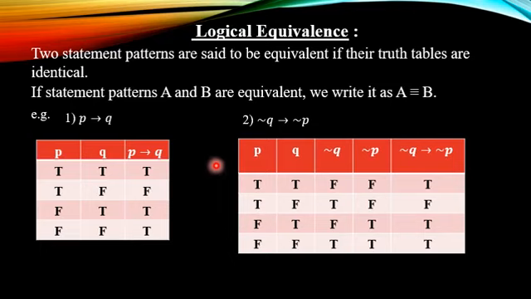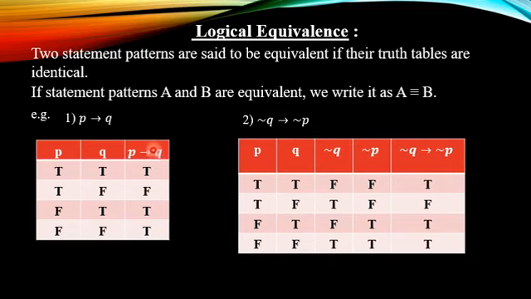The truth table of P implies Q contains three columns: first P, second Q, and then P implies Q. The truth table of negation Q implies negation P contains five columns: first column is P, second Q, third negation Q, fourth negation P, and then negation Q implies negation P.